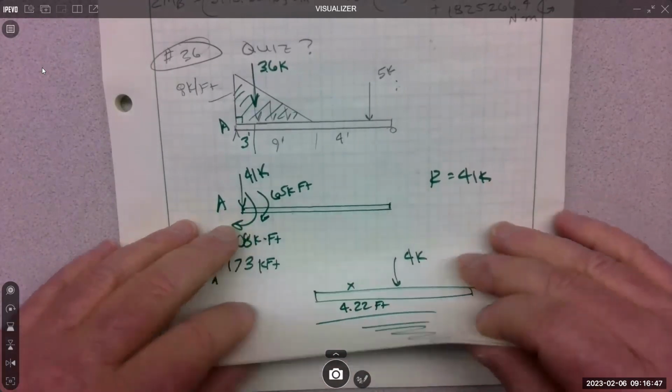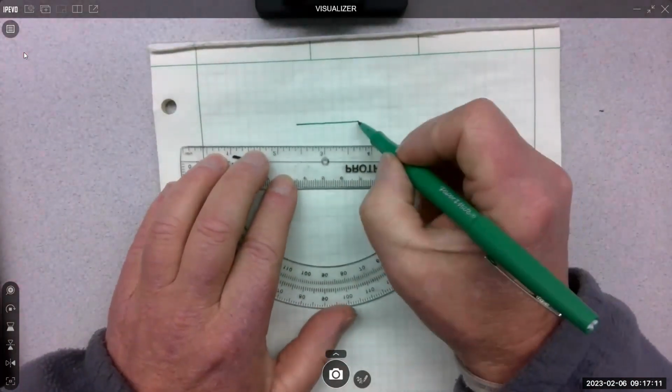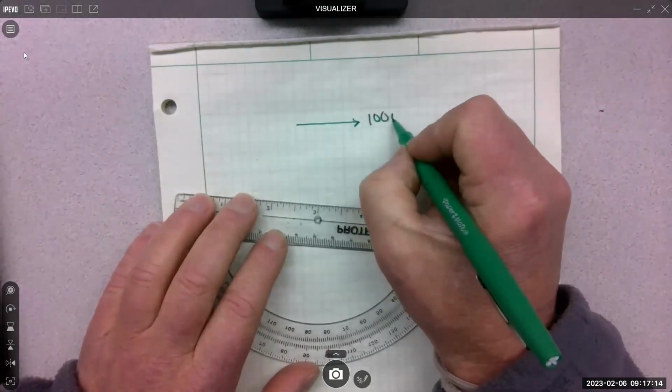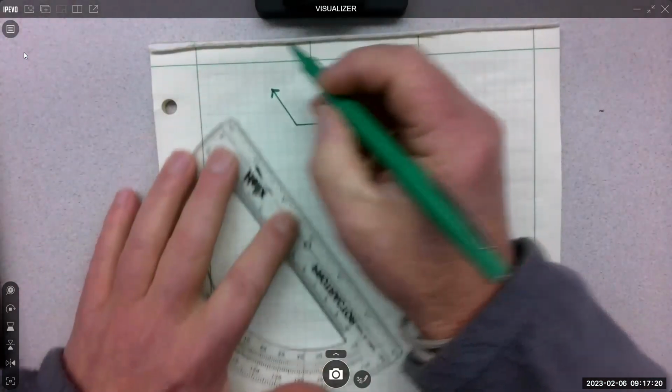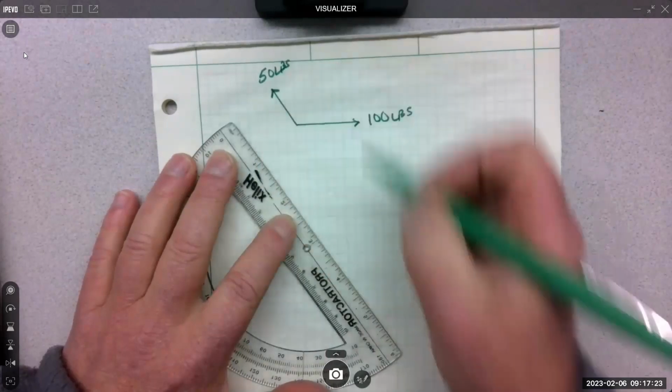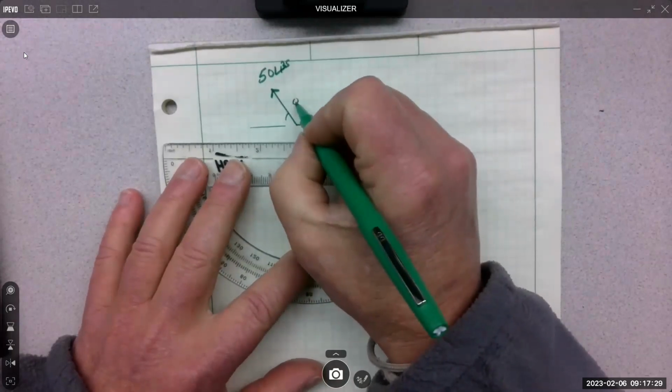All right, let's talk about chapter 4, because it's a bit of a game changer. So we kind of got to go backwards a little to remember what a concurrent force system was like. A concurrent force system had something like a force of 100 pounds, and another force, maybe 50 pounds, at an angle of, looks pretty steep, 80 degrees.